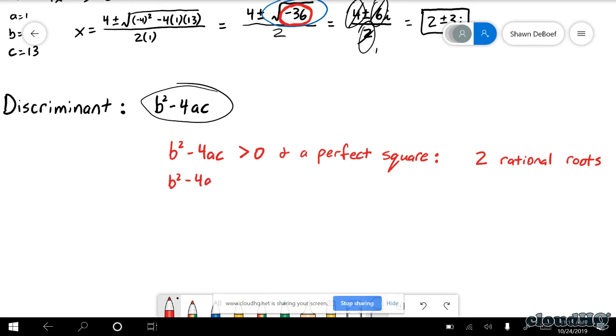When b squared minus 4ac was positive, but not a perfect square, we still had two answers, but they were irrational.